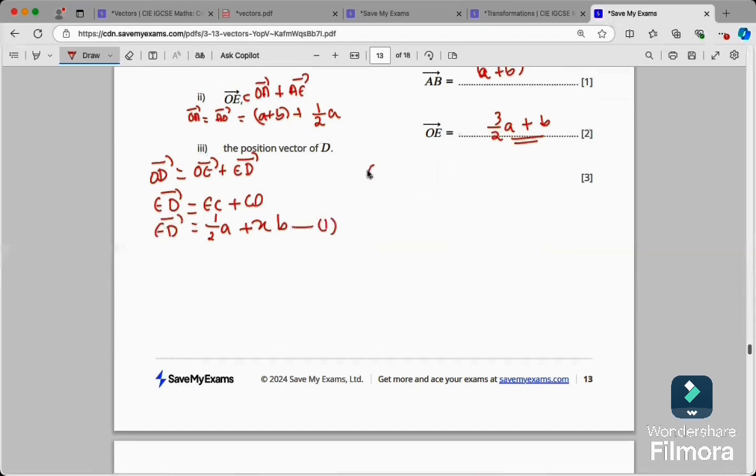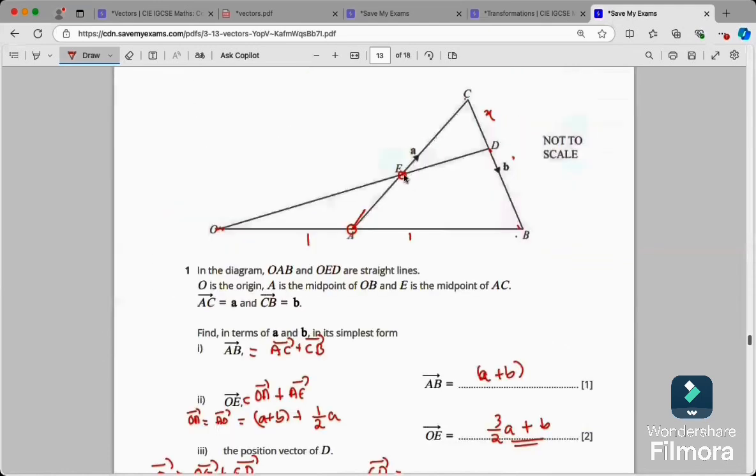In another way, ED is also on the line OE, right? So ED is in some ratio on OE. So ED and OE are parallel, right? Whenever they are parallel, they are equal to a scalar multiple, right? So here ED is parallel to OE.